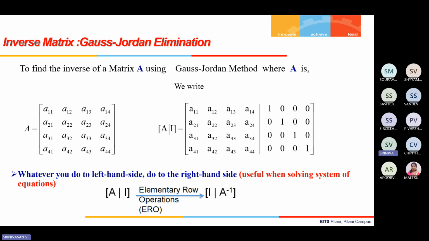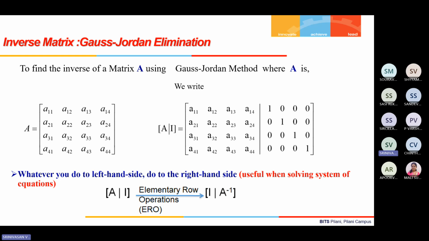Finally, after doing a few steps of elementary row operations in such a manner that you reach a stage where you have again an augmented matrix, but this time with 1, 0, 0, 0, 1, 0, 0, 0, 1 if it is of order 3 by 3, then you have the augmentation, some matrix.